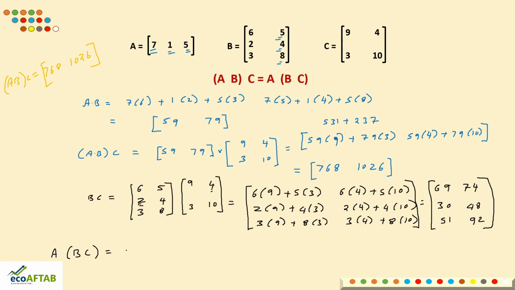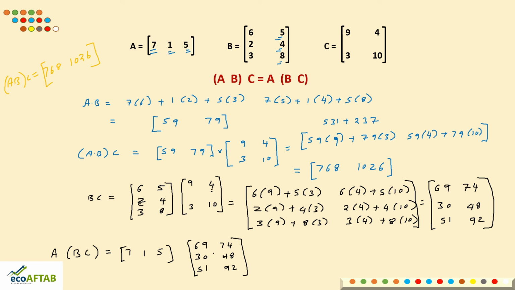We have A matrix as 7, 1, 5, and BC matrix is 69, 74, 30, 48, 51, 92. So now when we multiply these two matrices, what will we get?